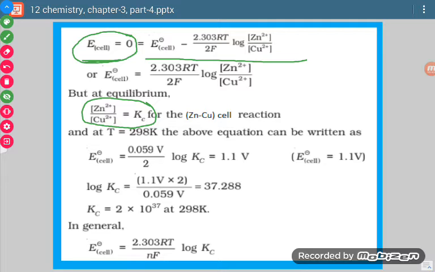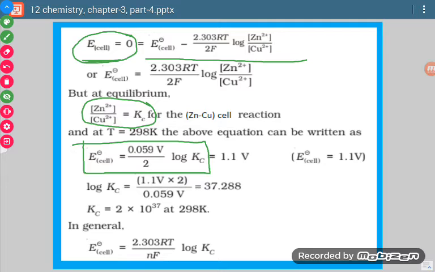After some time, when the cell starts working, there will be 0 voltage in the voltmeter. That 0 voltage tells us that the cell reaction is in equilibrium, which means the difference in the half cell potentials is 0. So E cell is equal to 0. Now, when we put all the values, we will get this equation.